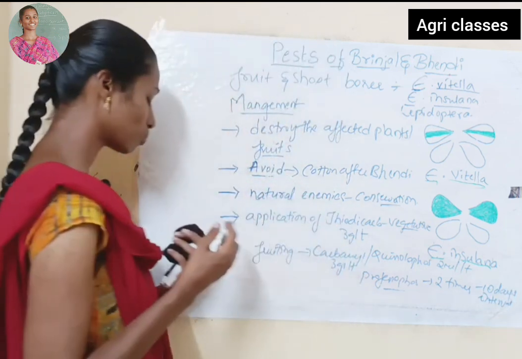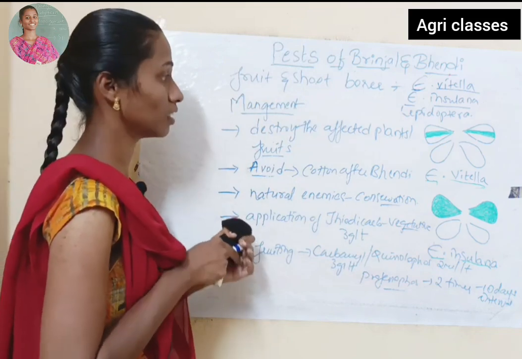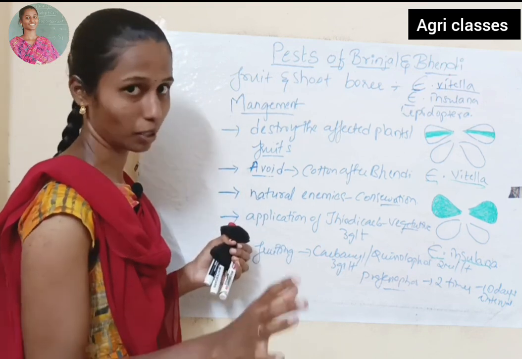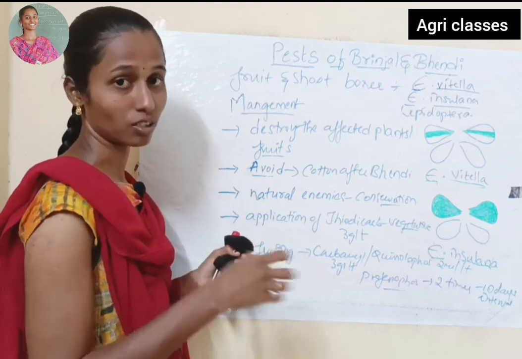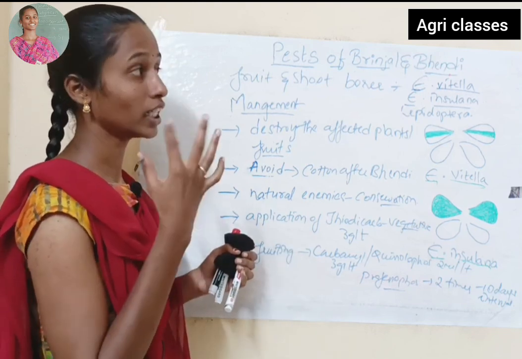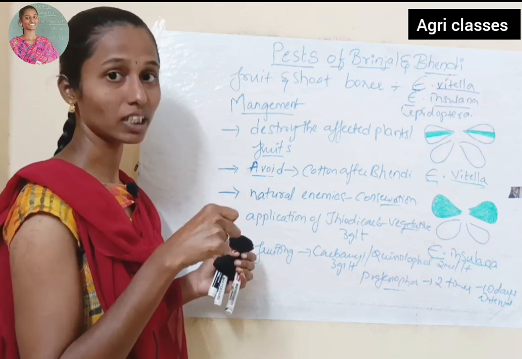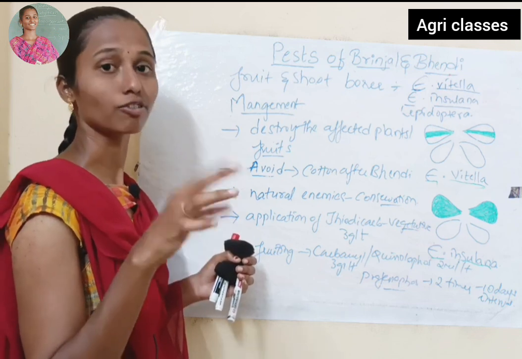So the first most important thing in management is that we should identify the affected plants or affected fruits and destroy those affected portions, and next we will go with natural enemies. In Brinjal I forgot to say that in management, erecting pheromone traps is the most important thing for the fruit and shoot borer.